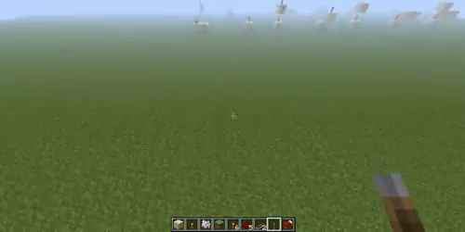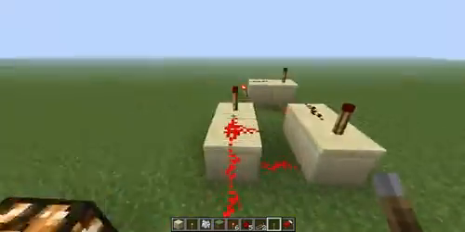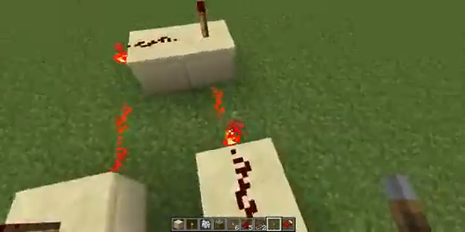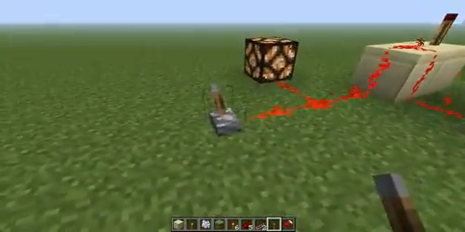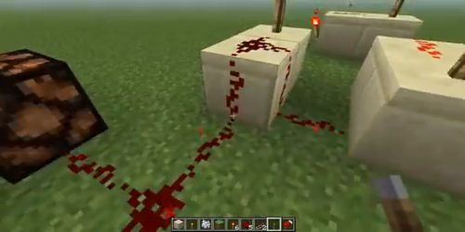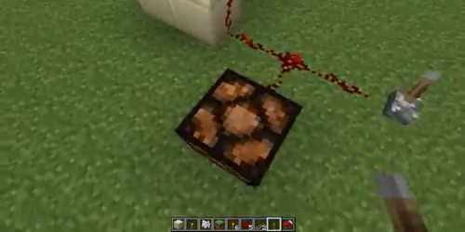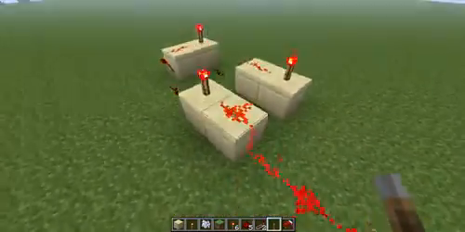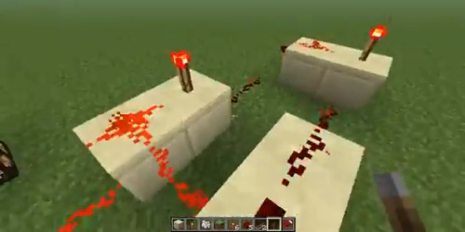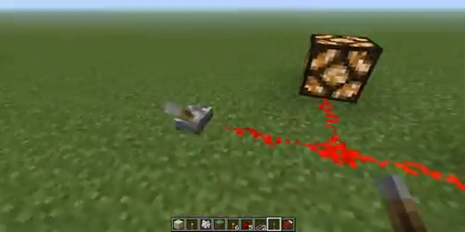So let's start. The first thing we are going to take a look at are clocks. Clocks in Minecraft are circuits that put, as you can see, short pulses or long pulses, whatever, they just continue sending them all the time unless you turn them off.